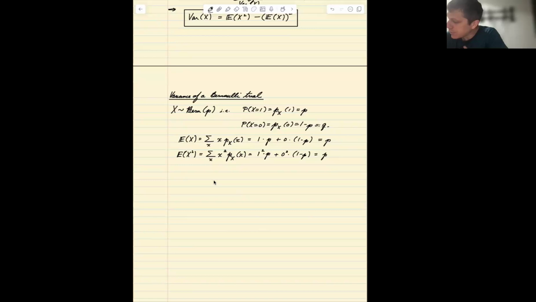But from the computing formula, what do we see? The variance of x equals the expectation of x squared minus the quantity expectation of x, squared. So this is p minus p squared, p times (1 - p).